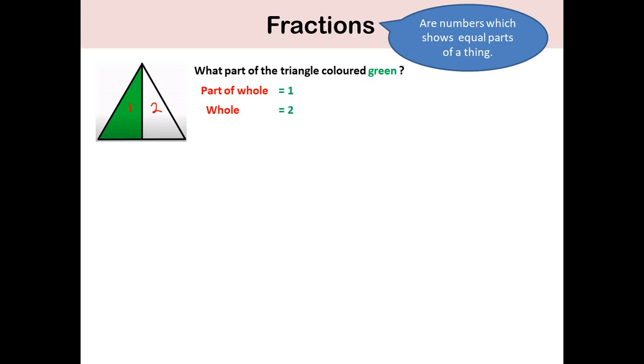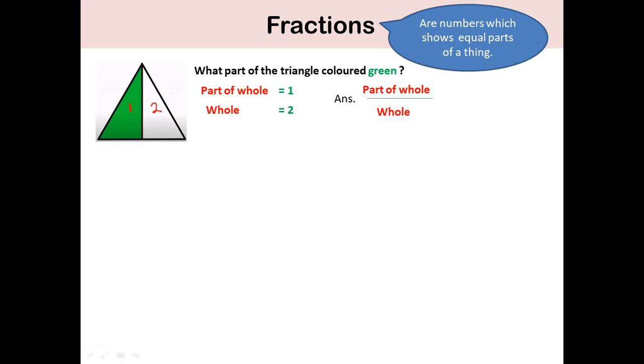Now we need to write the fraction, the number which shows the part of the triangle colored green. You know how to write fractions, right? Part of whole, then a line, then whole.